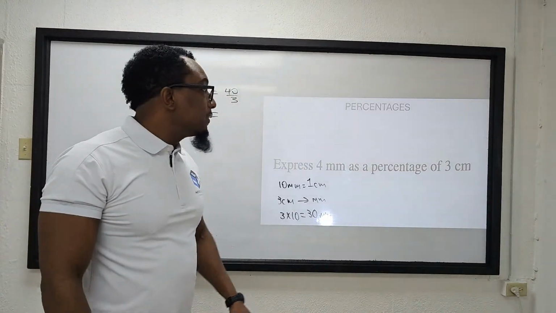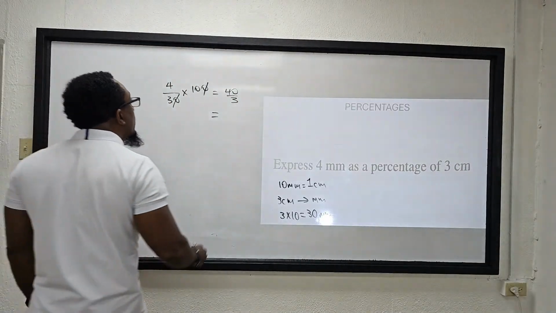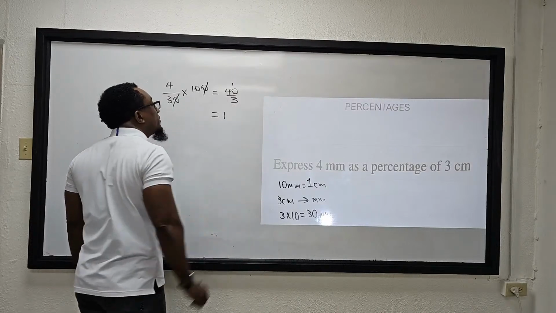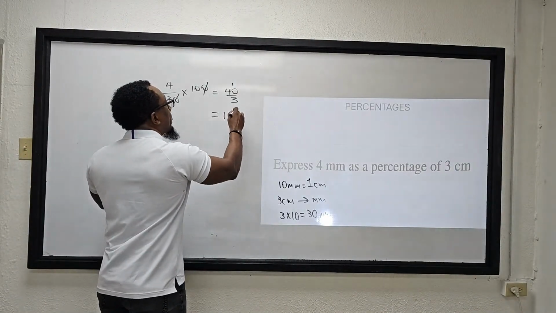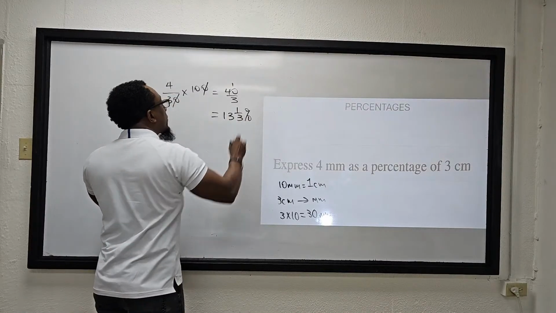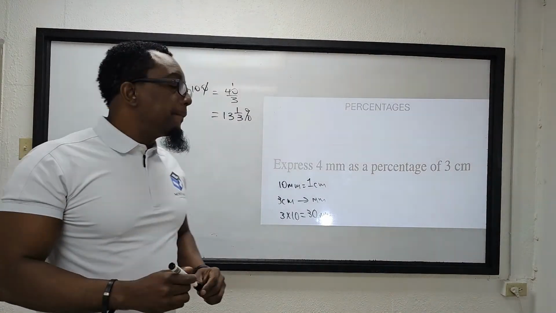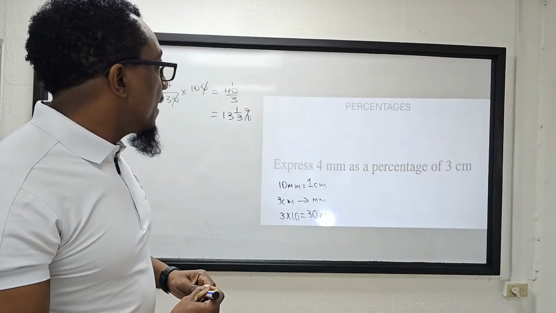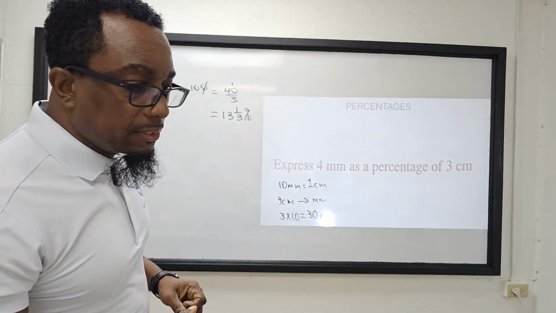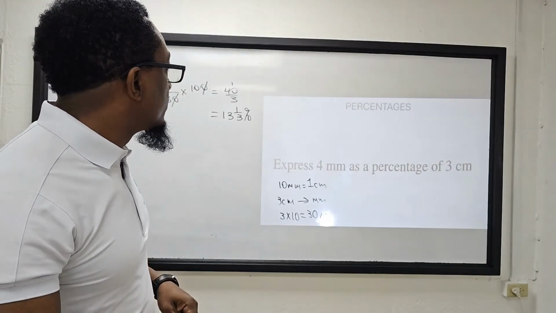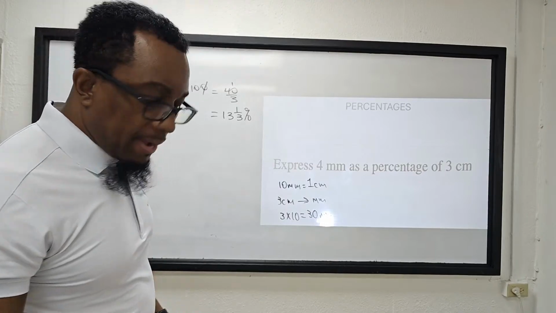And 40 all over 3 will be what? 3 into 4 is 1, remainder 1. 3 into 10, 3 3s are 9, remainder 1. So we're going to get 13.3%. Alright? So that's expressing one quantity as a percentage of the other.